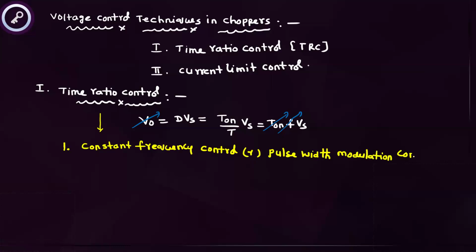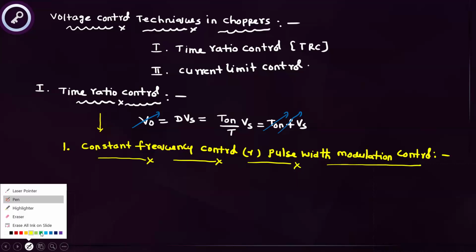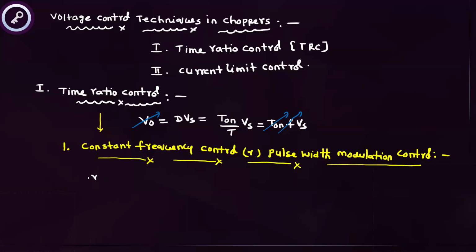What do you mean by constant frequency control, friends? The name itself indicates it. Keeping the frequency constant throughout operation, by controlling T on, we can control the output voltage.